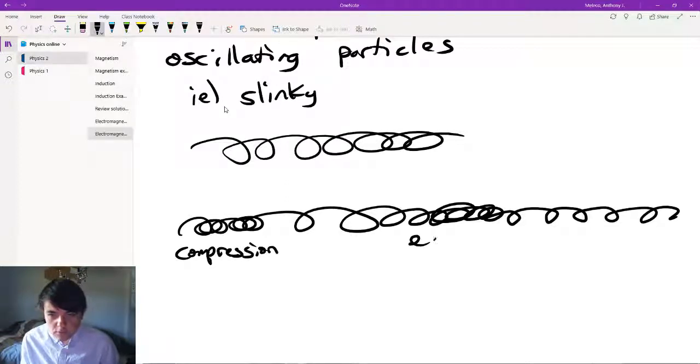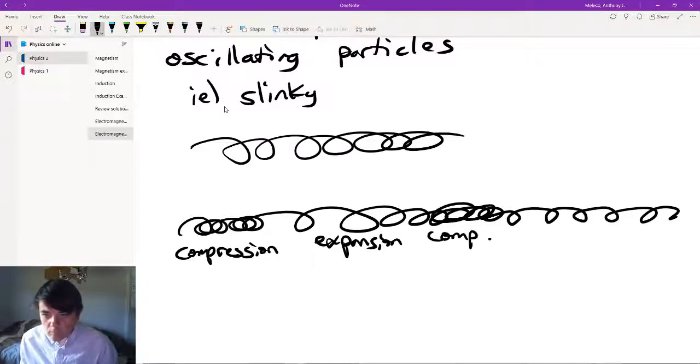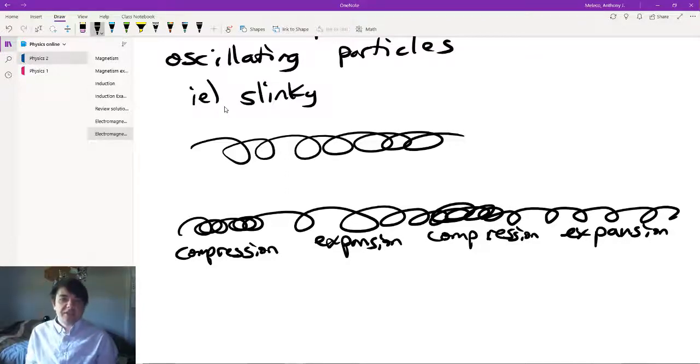Ugh, that is bad. So you'll get compression and expansion as the wave moves to the right.